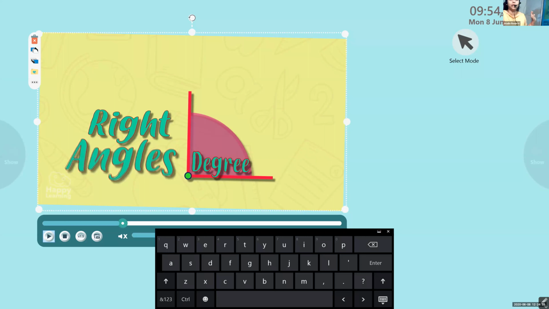We will keep the center of the protractor on the vertex, and this baseline is the arm of the angle.